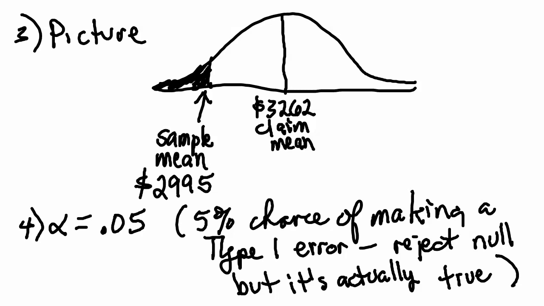You can never prove everything because you can't test every single number. So we go with the 5%. That's a low enough error. So step 4 is we decide the significance level. Usually in all these problems, it's 5%, but they will tell you that in the problem.